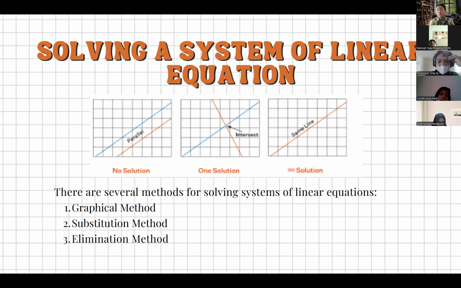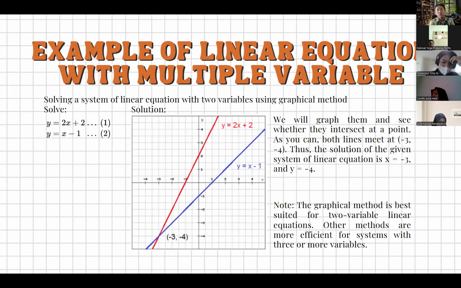Example of linear equations with multiple variables. Solve a system of linear equations with two variables using the graphical method. In this case, we are going to solve y equals 2x plus 2 as the first equation, and the second one is y equals x. For the solution, we will graph them and see where they intersect at one point.